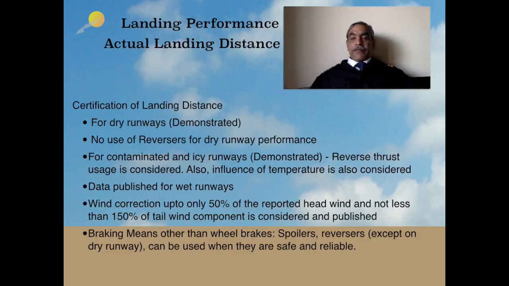Winds correction, if there were headwinds, only 50% of the reported headwind conditions are to be considered, and if there were tailwinds reported, then you have to consider up to 150% of the tailwind component. And of course, these are published as well. Braking means other than wheel brakes, spoilers, reversers, as I told you, is considered for demonstration purposes.